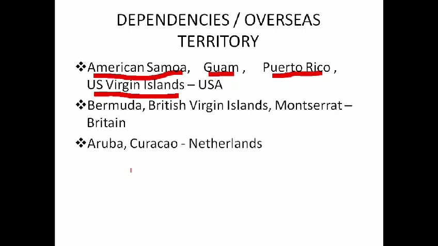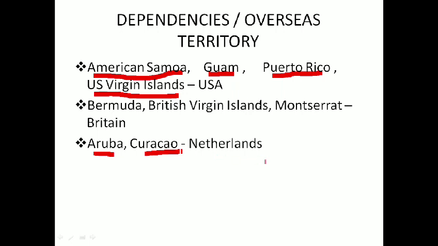Next, you can see in the atlas that Aruba and Curacao are also islands, but they are not a part of North America. Why not? Because they are under the Netherlands. Aruba and Curacao Islands are under the Netherlands.